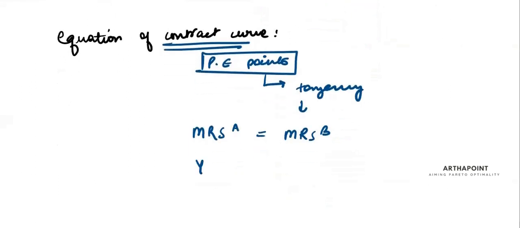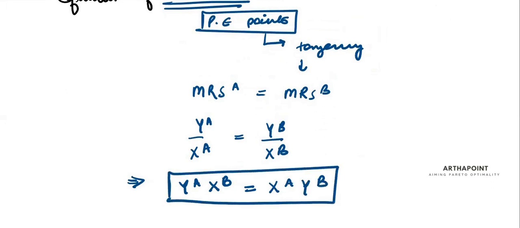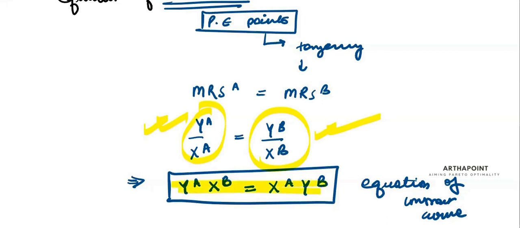So I have YA by XA equal to YB by XB, which means my Pareto efficient points must meet the condition that YAXB should be equal to XAYB. This is the equation of the contract curve. So basically the ratio of y by x for individual A is equal to y by x for individual B, or the cross multiplication.